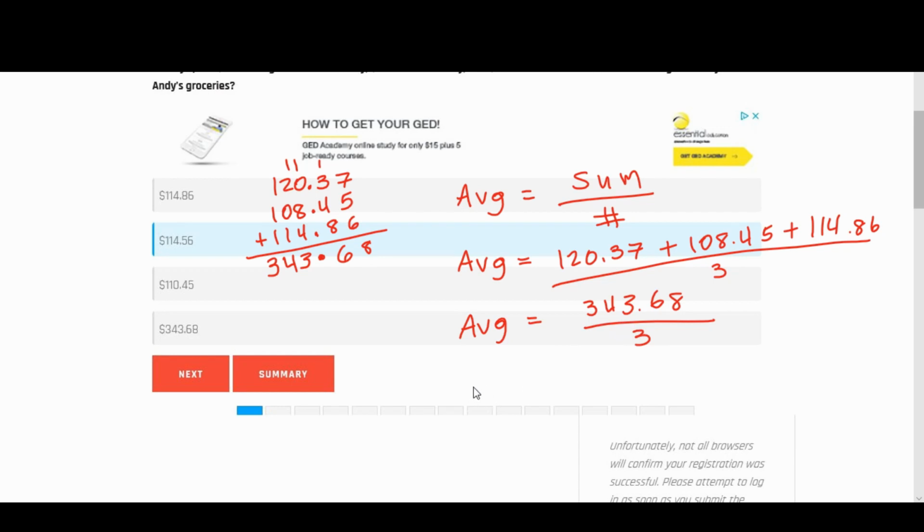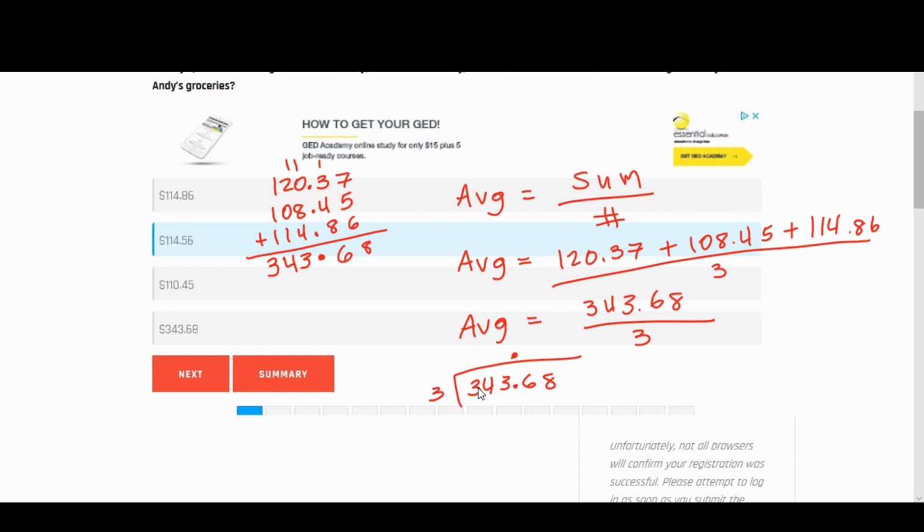So we're going to go ahead and do 343.68 divided by 3. The way you do division with decimals is if the decimal's inside the division bracket, you just bring it right up. If this decimal was outside this division bracket, there's another method to doing that, and I'm going to discuss that in my ASVAB mathematics diagnostic video, which I'm going to be uploading sometime this week.